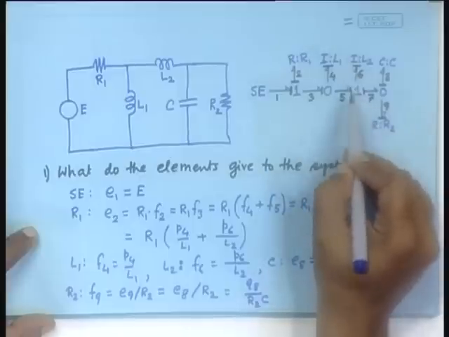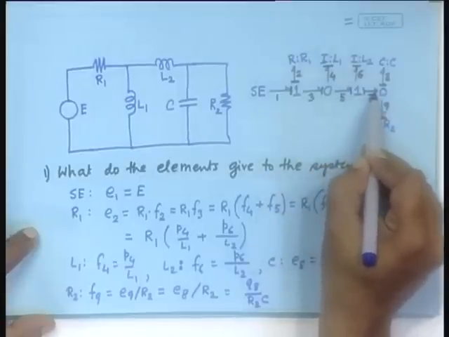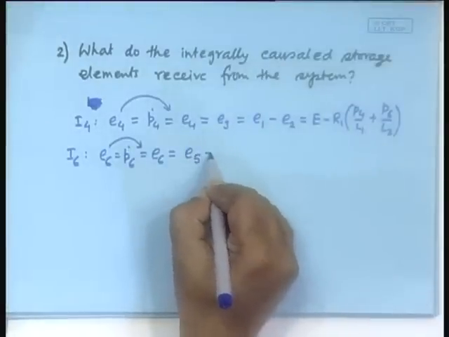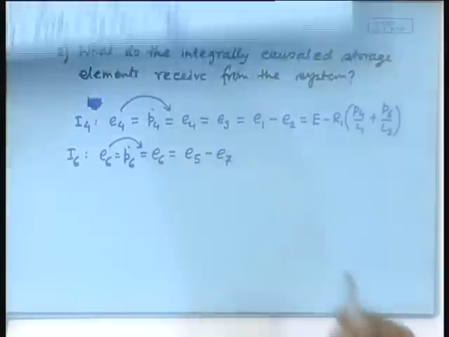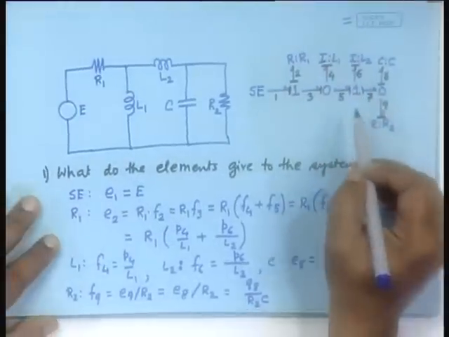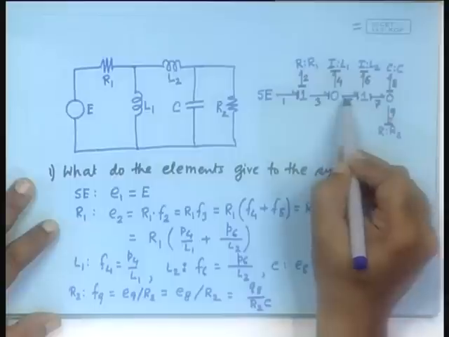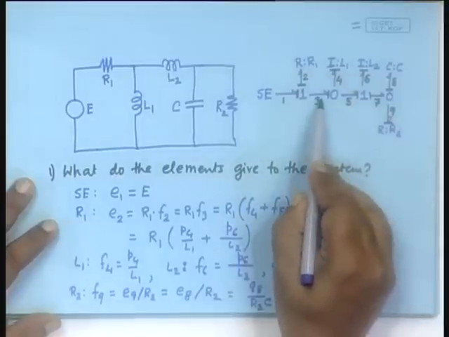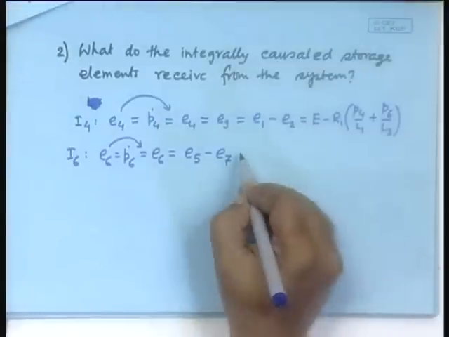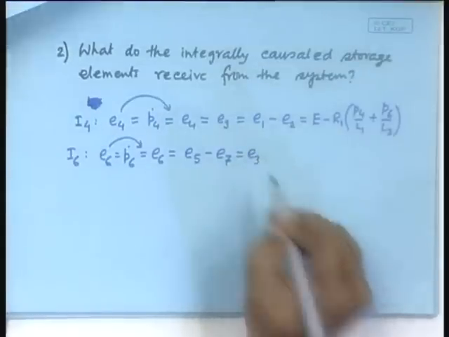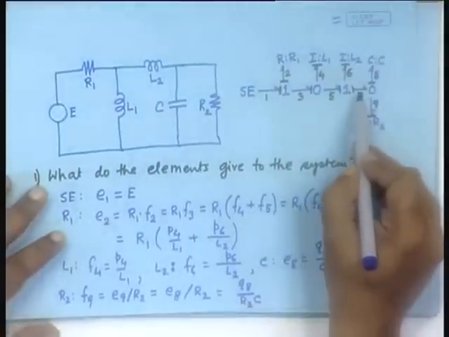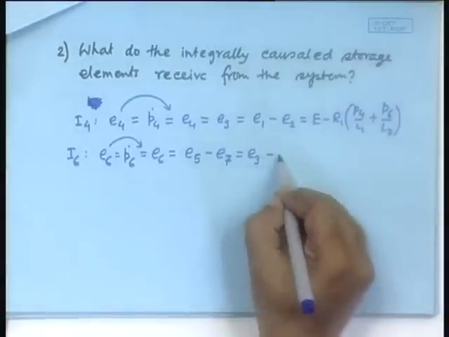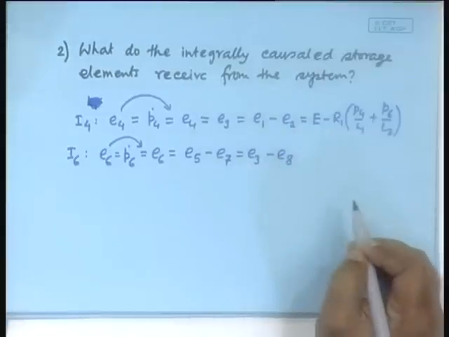So, E6 is nothing but E5 minus E7. Good. Where does the information E5 come from? E3, yes. So, E3 here, and where does the information E7 come from? E8. So, minus E8. Fine.